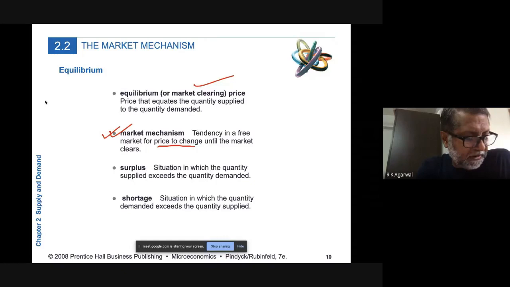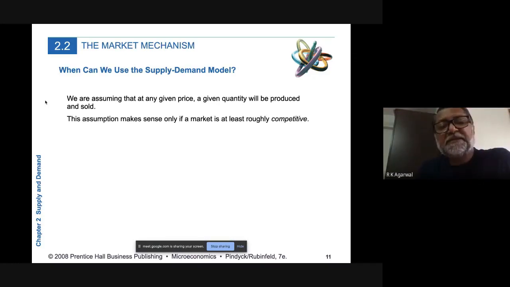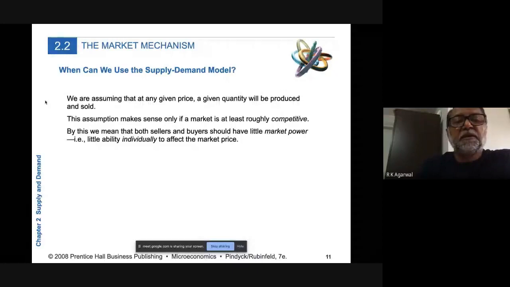Then, when can we use the supply-demand model? We are assuming that at any given price, a given quantity will be produced and sold. This assumption makes sense only if a market is at least roughly competitive. Now, what do we mean by a competitive market?